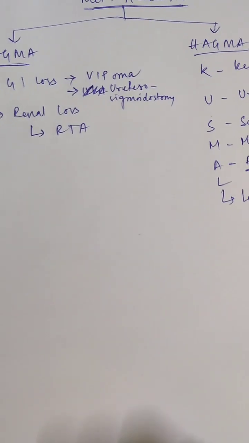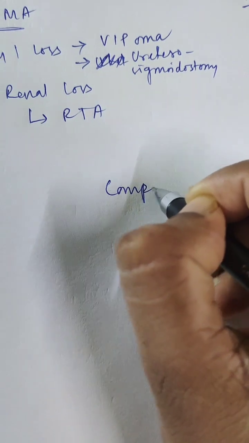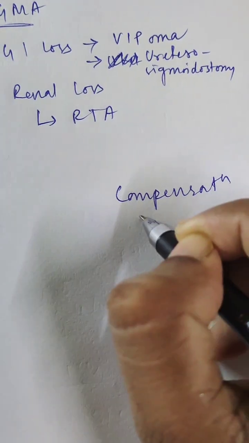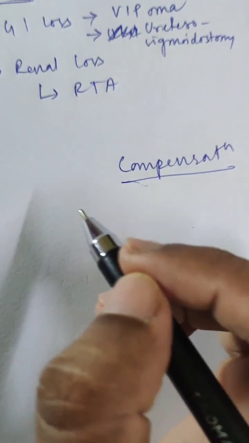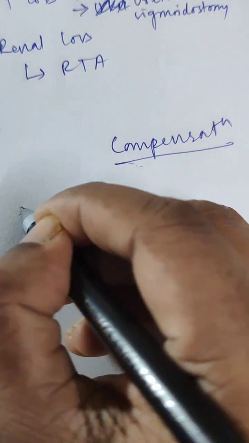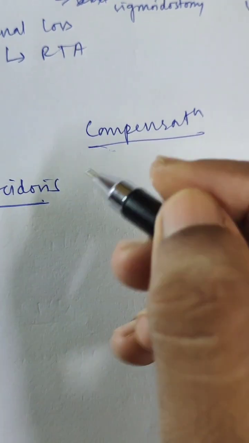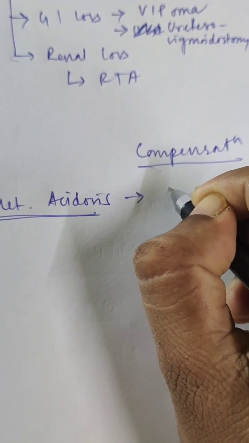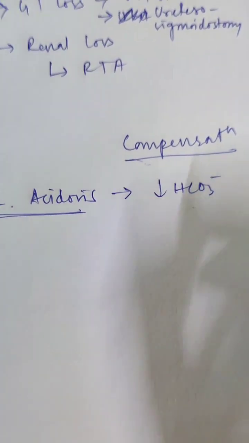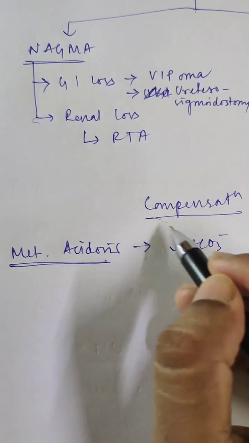Now comes the concept of compensation. First of all, we will take metabolic acidosis. In metabolic acidosis, what is the primary problem? The primary problem is decrease in bicarbonate, isn't it? If the base is less in amount, it will be acidosis.